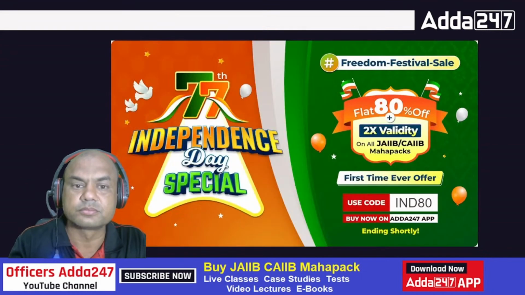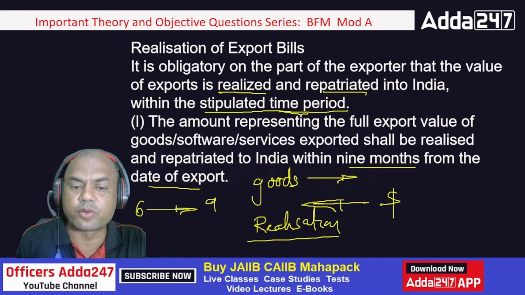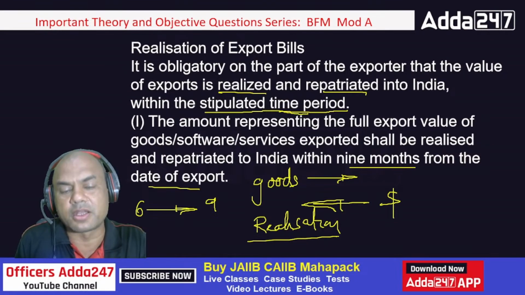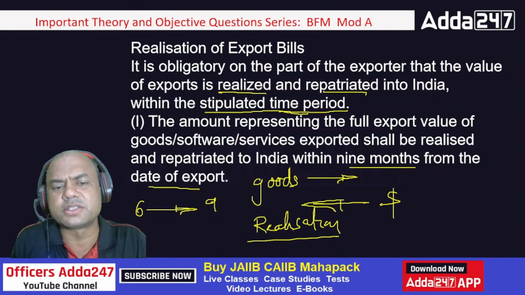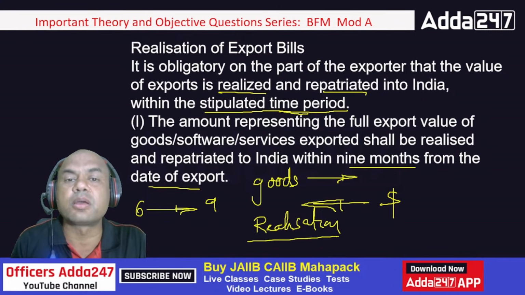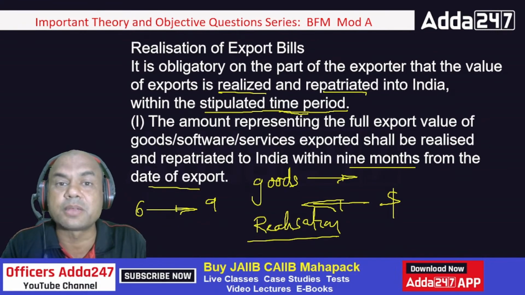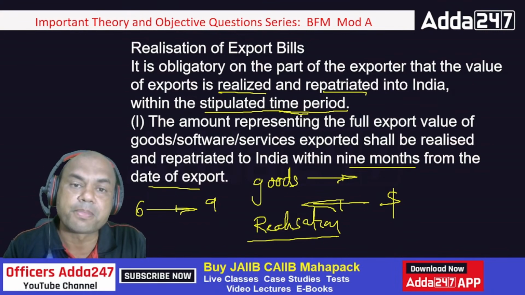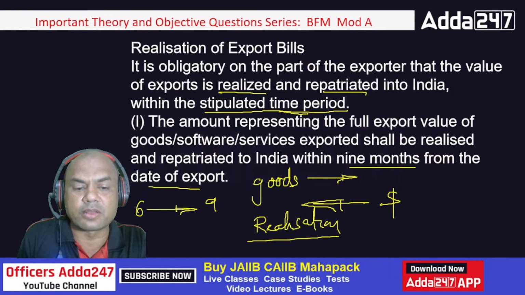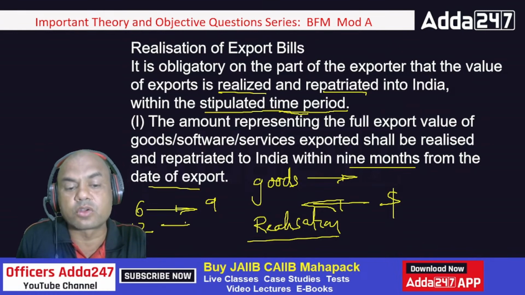Now, before going ahead, see this 9 months, this is the lower limit. So minimum 9 months it should come back. But if it does not come back, after how much time should I report it to RBI? Earlier it was 12 months, and this 12 has gone to 15 months now.